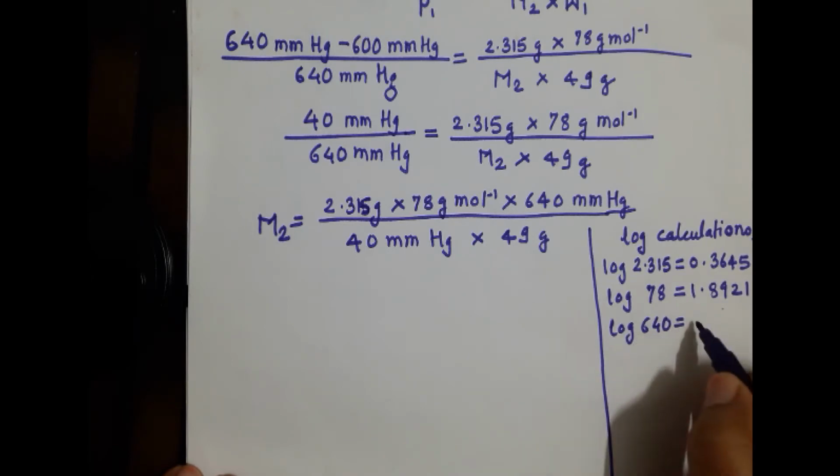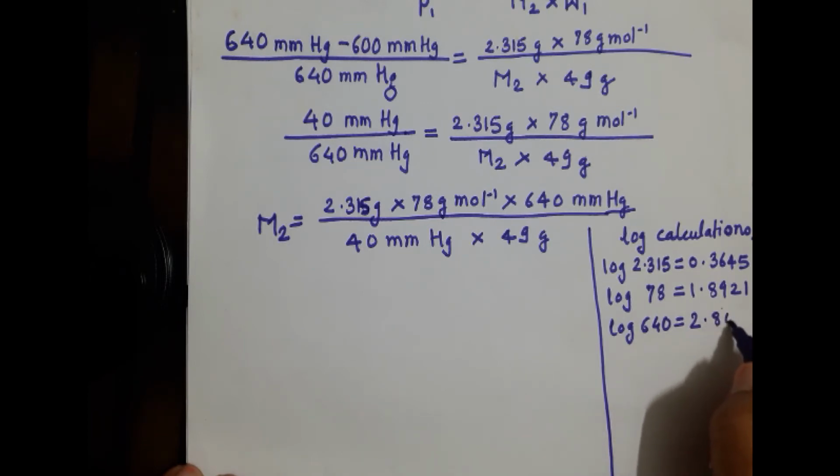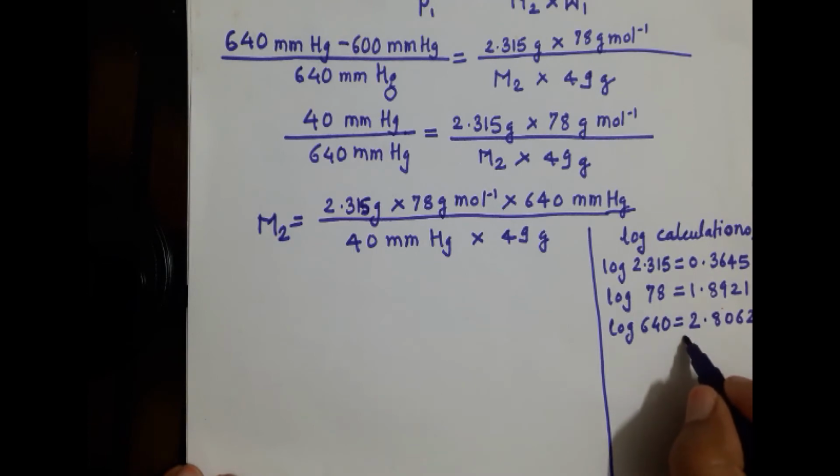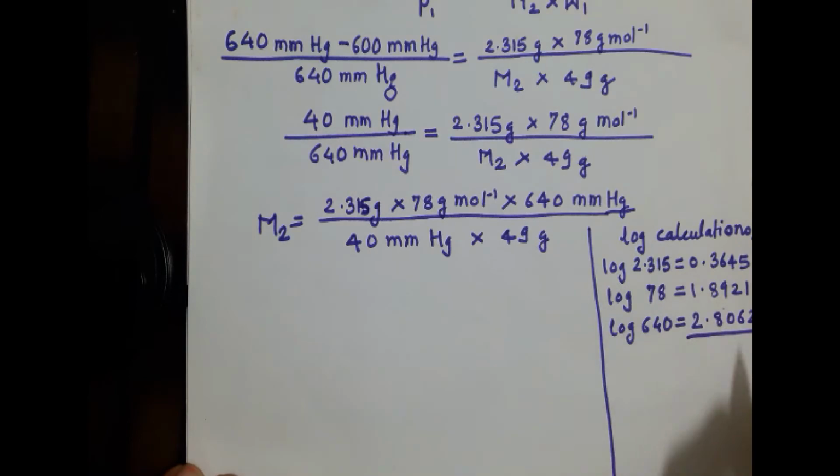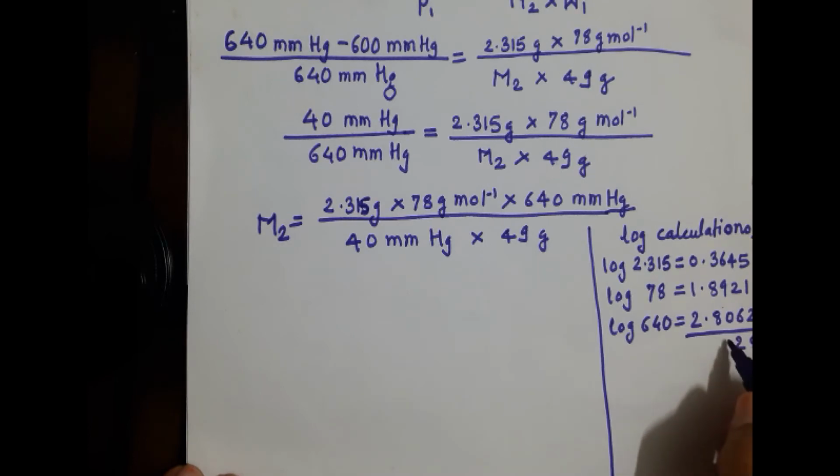Since there are 3 digits, we subtract 1 from it, so it will become 2, so 2.8062. Now we are going to add all these logs, and the answer we will find here: 5 plus 1, 6, 7, 8. So here 8, 2, 6, 0 point and 5.